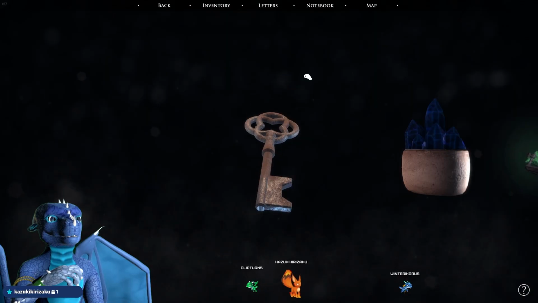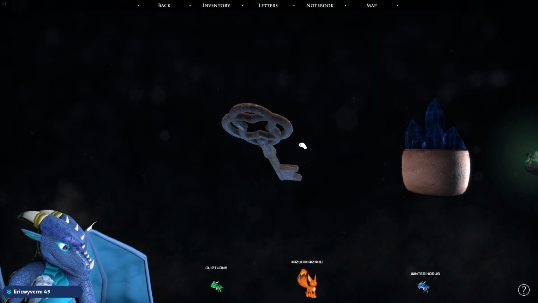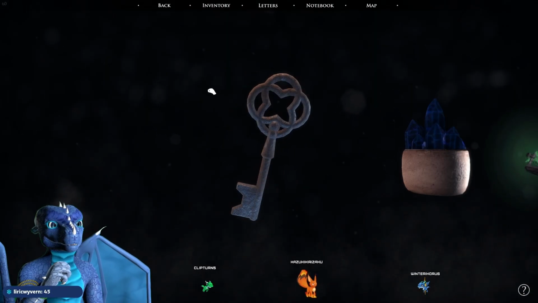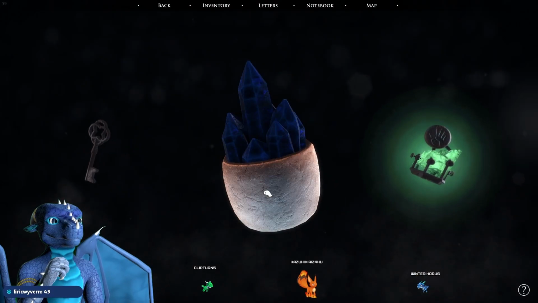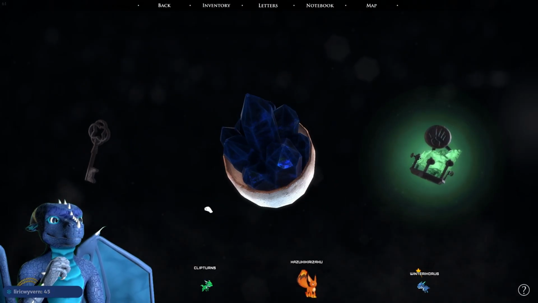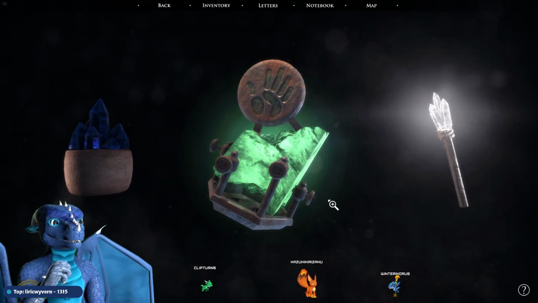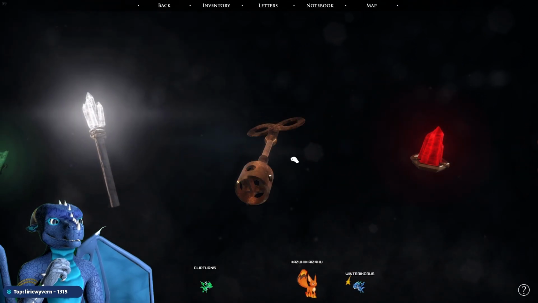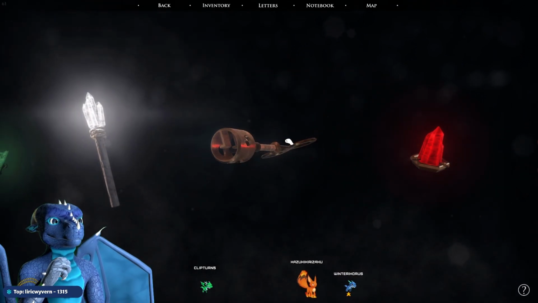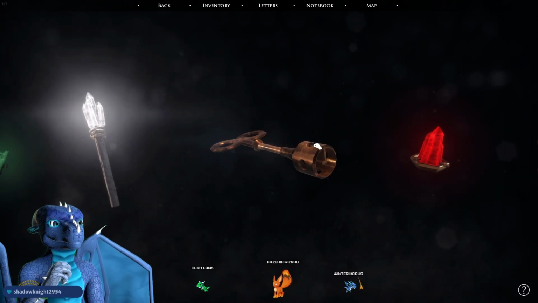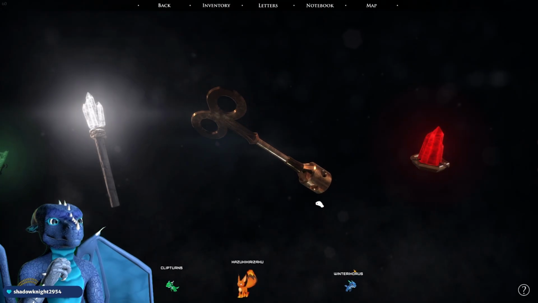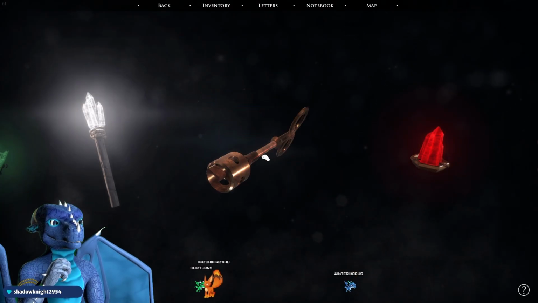Got a key, which I'm pretty sure goes to the gate that we saw a second ago that wouldn't unlock, which will probably give us some way to turn these blue crystals into dust, I imagine. We also have this other key that we don't have a use for yet.